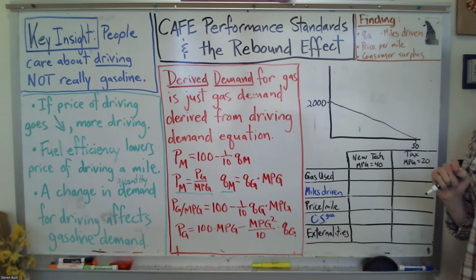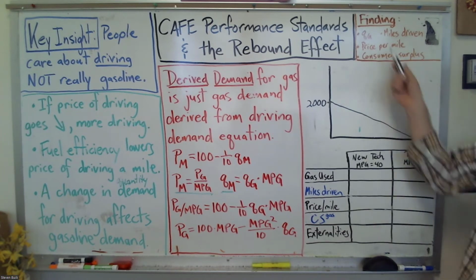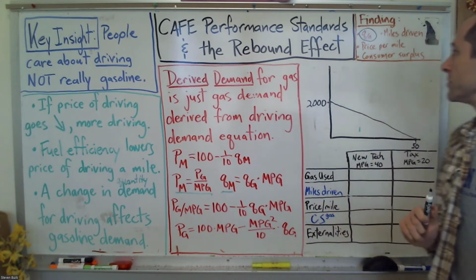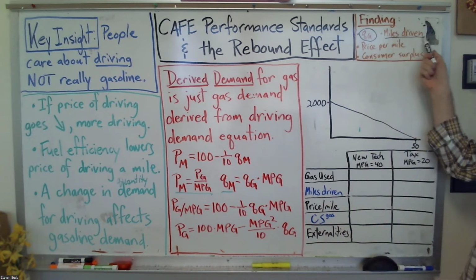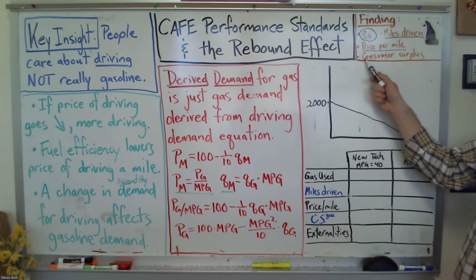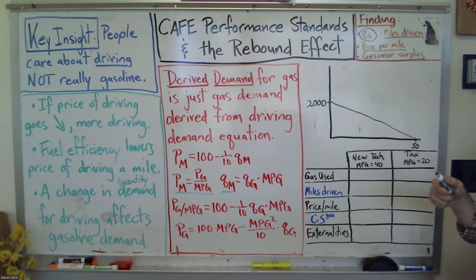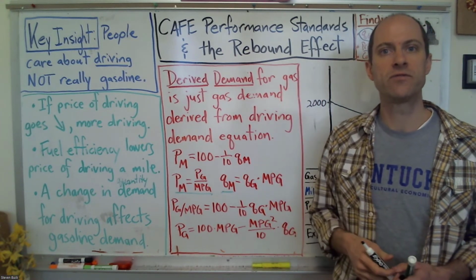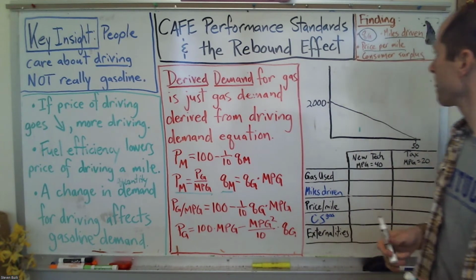Let's look up at this box. What do we want to find? Well, we want to find the quantity of gasoline that's going to be used, the miles driven, the price per mile, and the consumer surplus. We might have other quantities of interest, but these are the ones I've talked about in class.